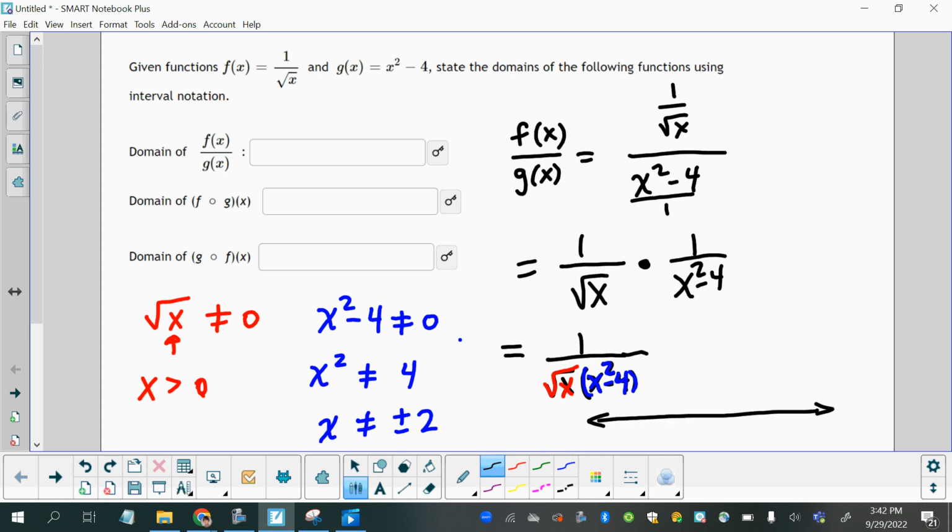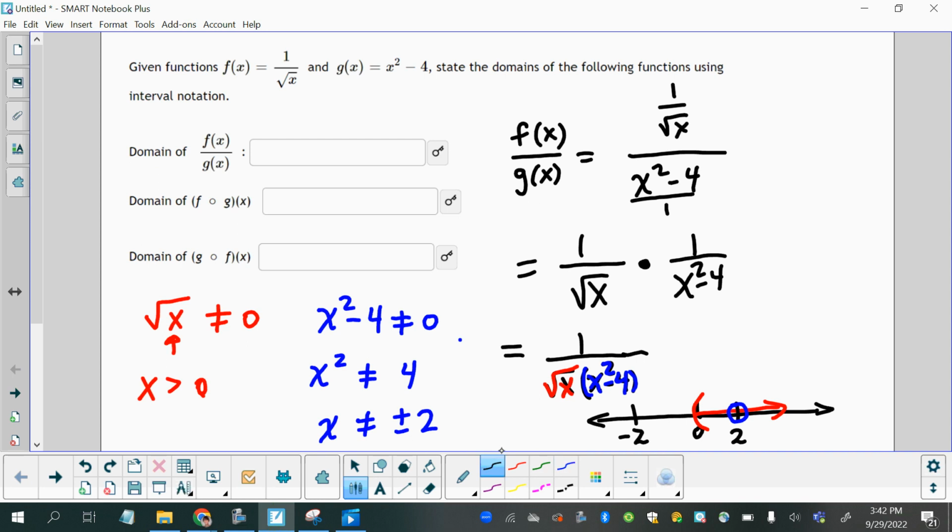and for the red part, we said that x cannot be equal to 0, but it can be greater than 0. Okay, so we have that. Then for the blue part, we said that x cannot be equal to negative 2. Well, negative 2 is already outside the red part, so we can't use that anyways. And then the positive 2 is actually within the red region, so we're going to have to make a break in the interval there.